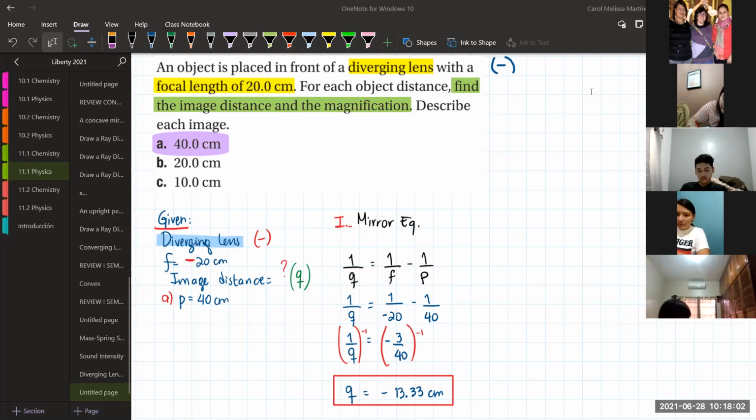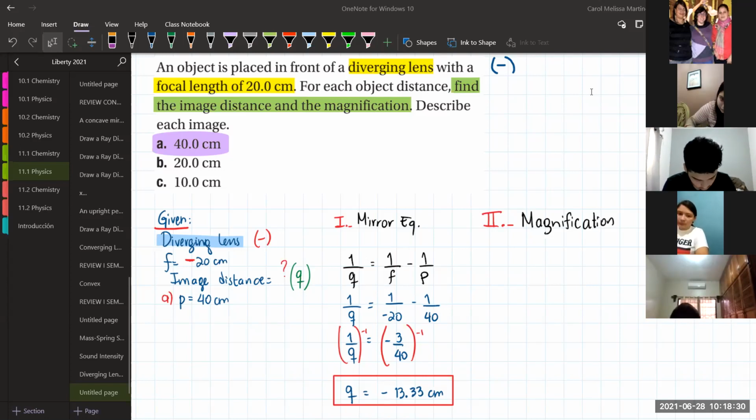Second step, magnification. These kind of exercises, the good thing about it is that the formula won't change. And specifically for a divergent lens, the ray diagram is not going to vary from the one I gave you the other day.